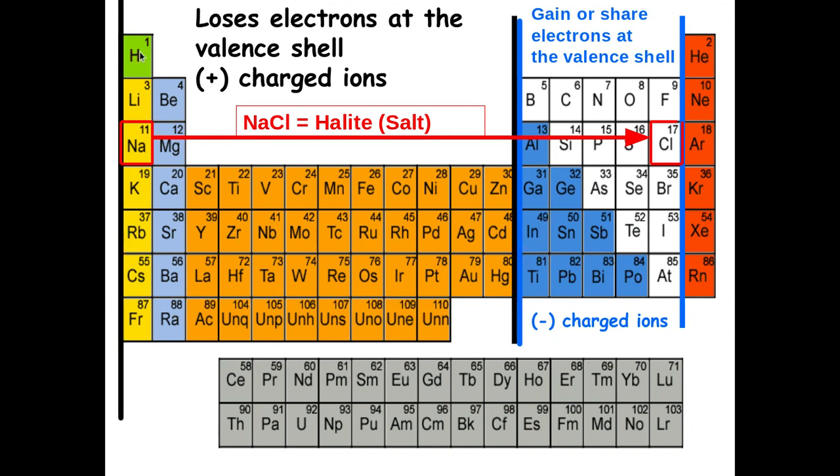In fact, because this whole group is group 1, the alkali metals, every element in this group, hydrogen, lithium, sodium, potassium, rubidium, cesium, francium, has one electron in its valence shell. And if we come over to the non-metal side, this particular group, which is known as group 17 or the halogen group, they all have 7 electrons in their valence shell.